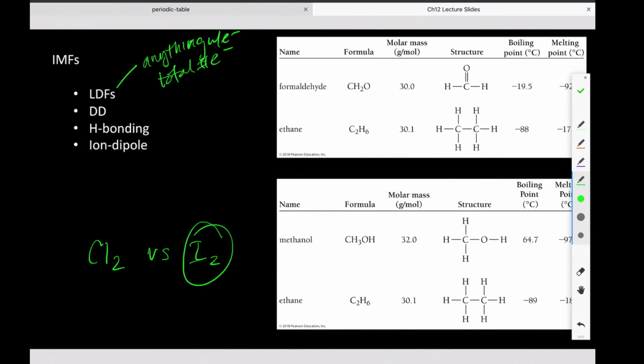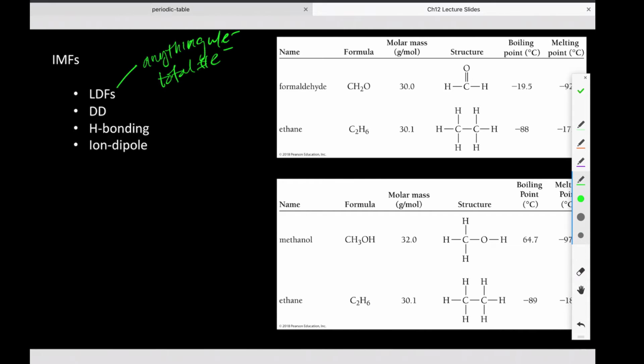Therefore, that one has a stronger London dispersion force, or a stronger force of attraction between molecules, which means we can draw conclusions like this one probably has a higher melting point and boiling point, yes? And a higher viscosity, if that's what we wanted to talk about, if they were both liquids, right? And other properties like that. Yes? Makes sense? All right, let's go ahead and add on some other types.